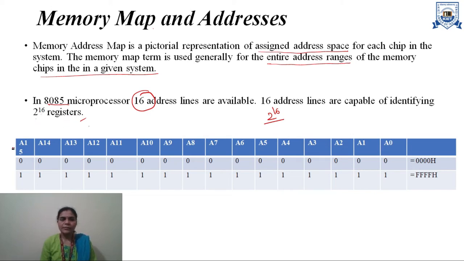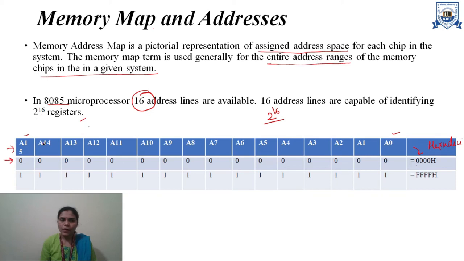So here we have 16 address lines A0 to A15. These 16 lines may have the minimum address of all zeros. So the minimum address for this chip will be 0000 in hexadecimal notation.